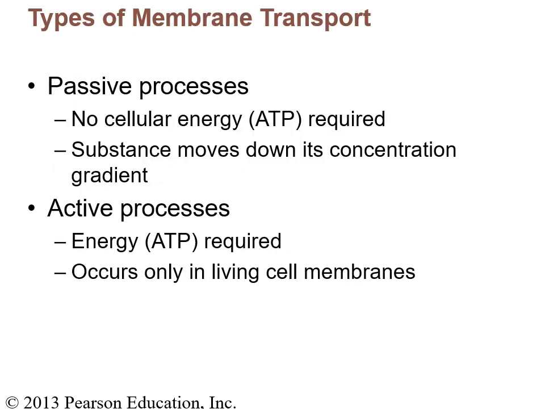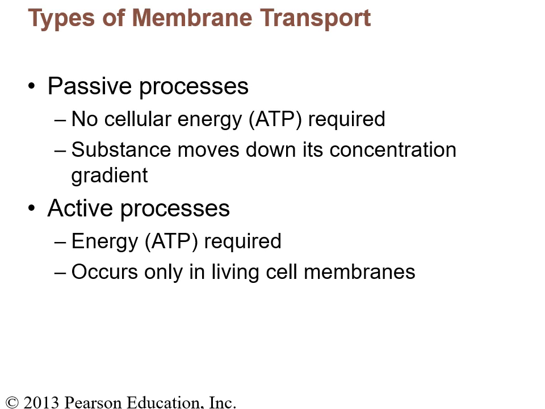Okay, so now we're going to look at types of membrane transport. Some of the membrane transport, like we mentioned on a previous slide, going through these channels doesn't require any energy, so that's passive. If it requires ATP, then that means that it's active. So again, passive processes don't require any ATP.